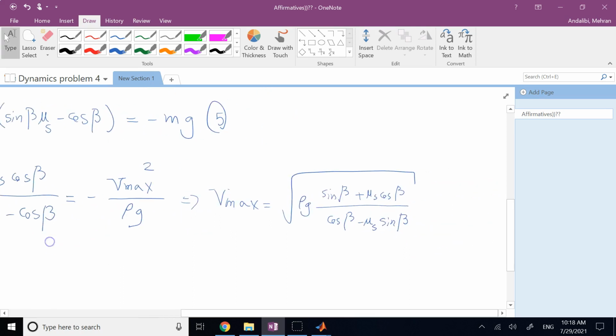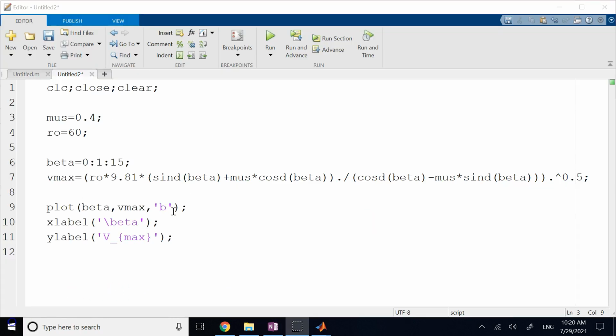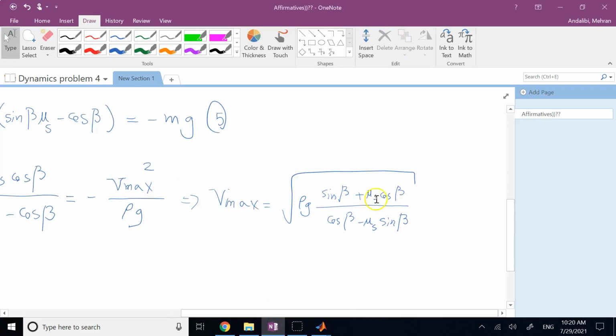Okay, so this is Vmax as a function of beta, rho, and mu s. So first, let's look at the plot for that. Okay, so this is the function, rho times g, right, times sine beta plus mu s cosine beta divided by cosine beta minus mu s sine beta, right?